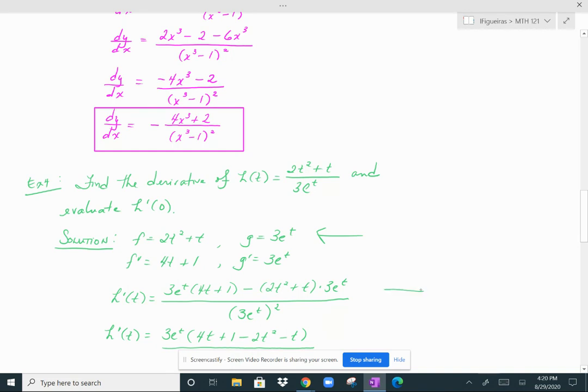So now we plug that into our formula. Remember, the formula is g f prime, so you have to multiply in this order first, minus f g prime, which is what you see on top. And then my denominator is the g of x, which is 3e to the t to the second power.